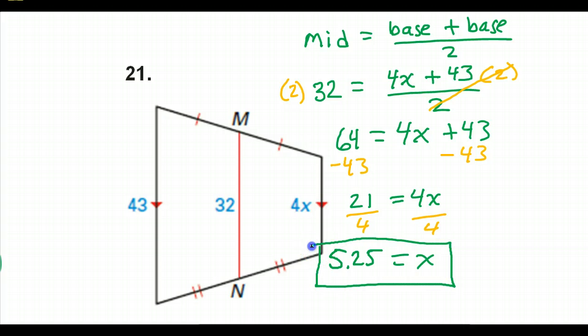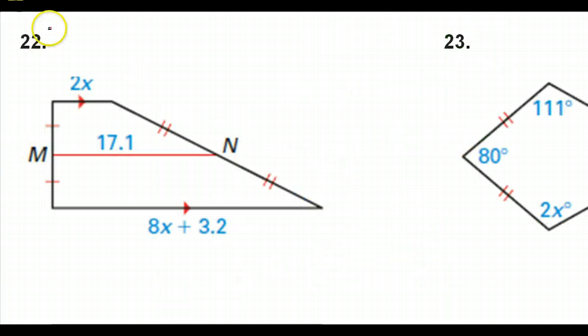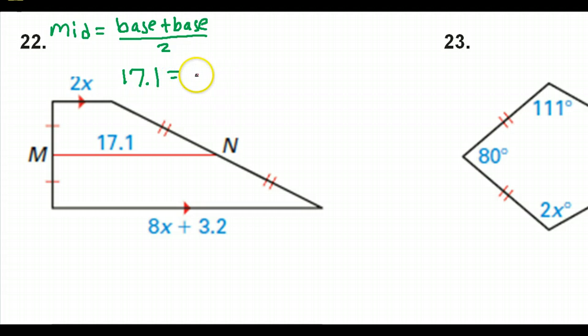Alright, so we're supposed to find x. Remember, one more time, that the mid segment should equal base plus base divided by 2. In this case, the mid segment is 17.1. So this equation becomes 17.1 equals base plus base divided by 2.